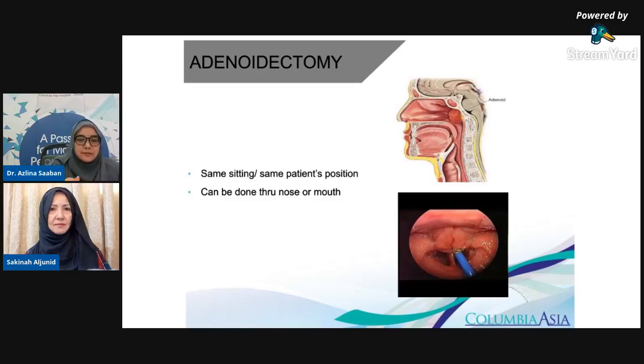So at the same sitting, we scrape the adenoid out. Does the adenoid have no function? It's lymphoid tissue, but the problem is when the patient has a big adenoid, they have nose block and snoring.